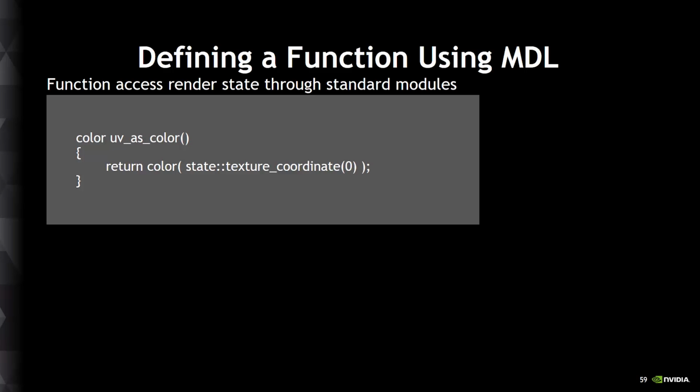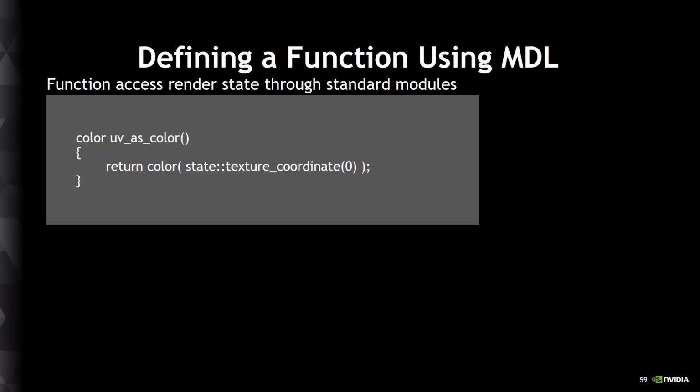Here is a very simple function that is already pretty useful, just to show you some of the concepts. This is a function that returns a color value, and it creates that color value by looking up the texture coordinate at the current rendering pixel, and returns that as a color.